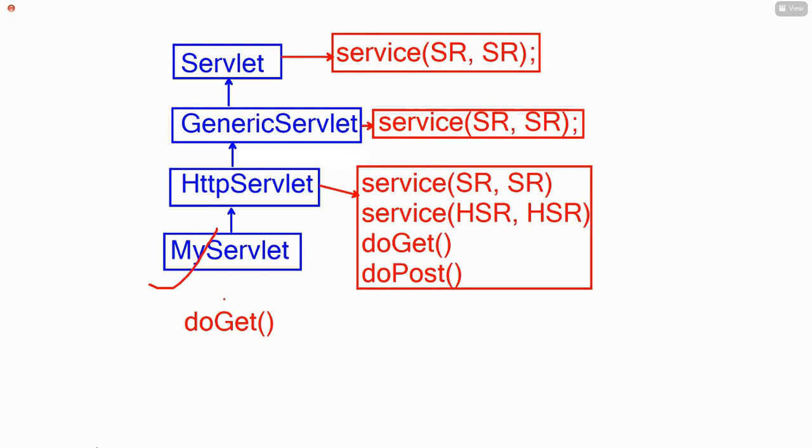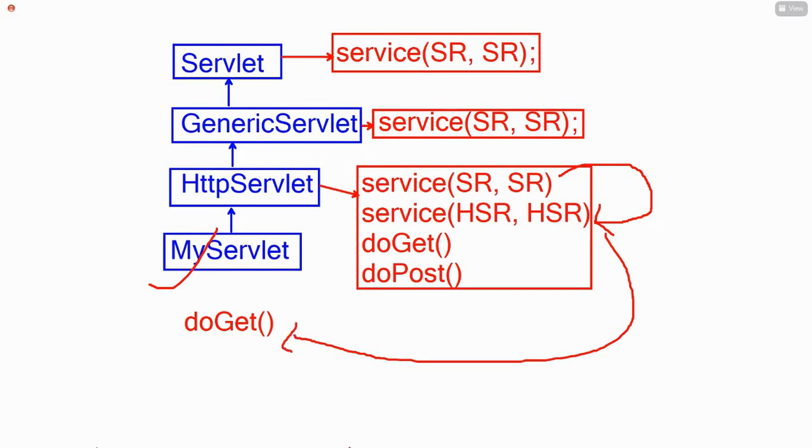No. Then where will it search? HttpServlet. It is called. What does this do? It calls the non-lifecycle service method, which checks the requested type. Suppose the requested type is get. Then what will it do? doGet. Which doGet is called? Now from here, MyServlet's doGet is going to be called.